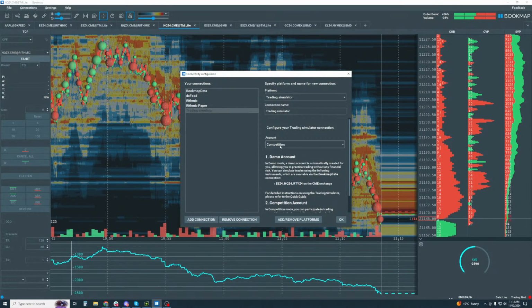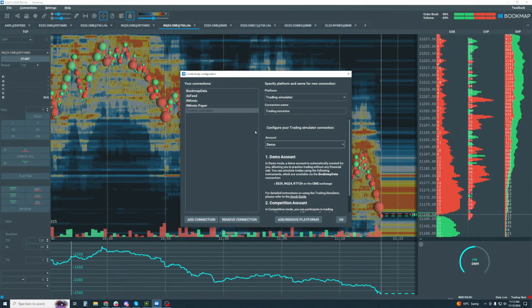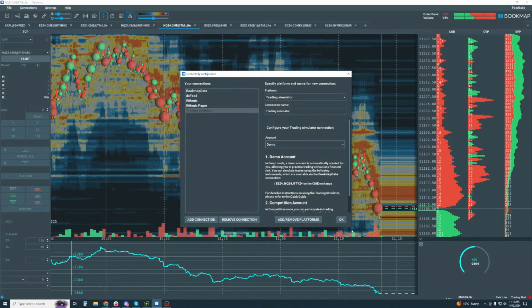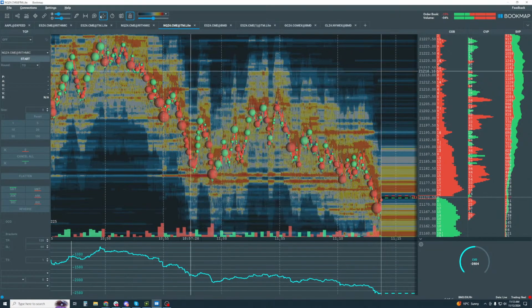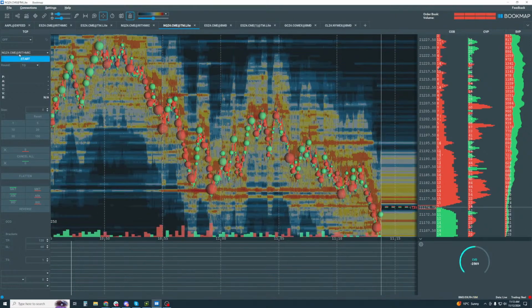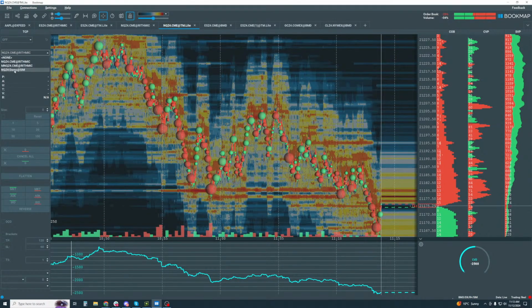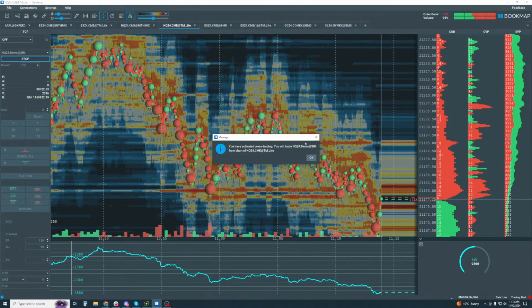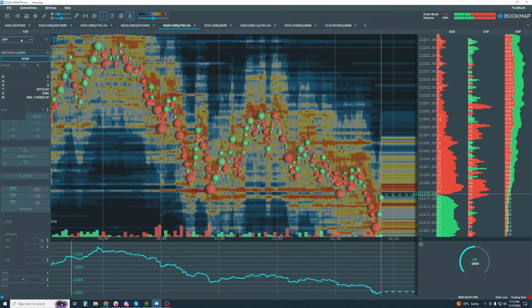For the competition, this is what you'll need to select. For the demo, it is a real demo account on our server, so it will be all within our paper trading. Here we select it with a cross trading into NASDAQ right here, we hit start, and we're ready to go.